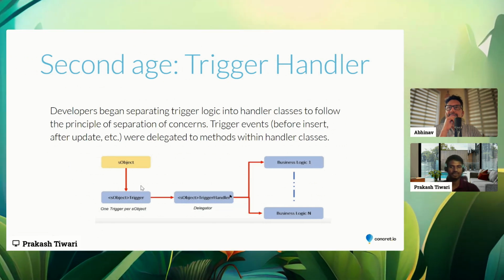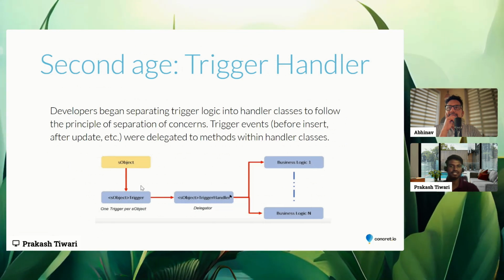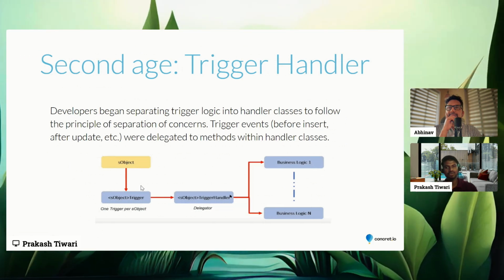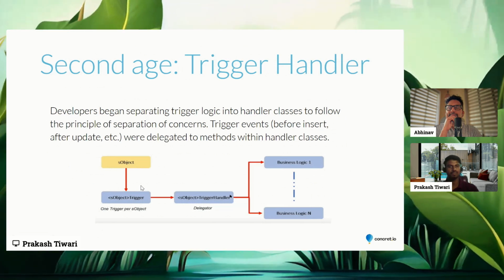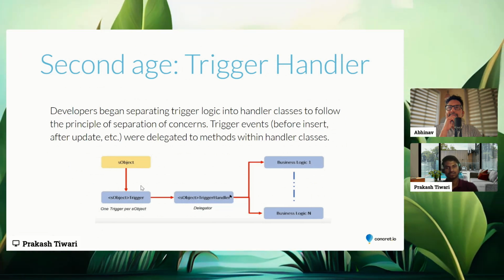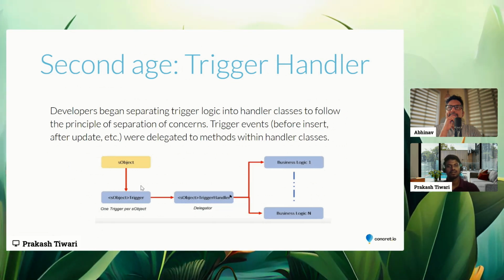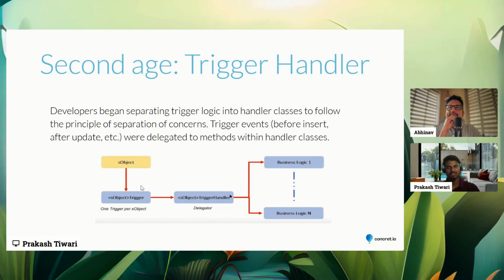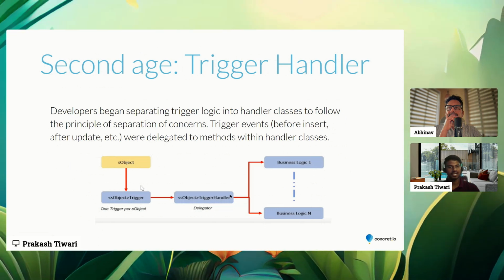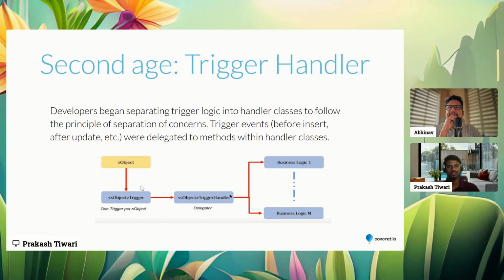So the deciding factor is the separation of concerns. We have to define the place where we can write the logic and how we can reuse it. Instead of writing logic in an Apex trigger, in this age developers create a handler, and in the handler all the business logic is written.